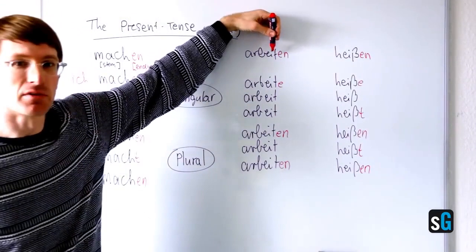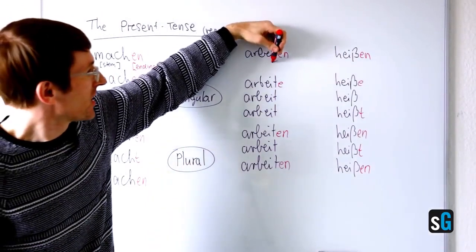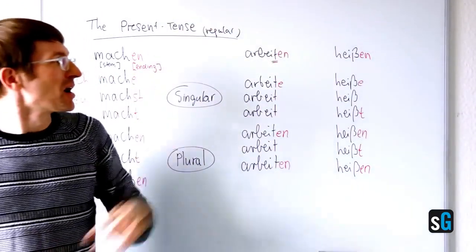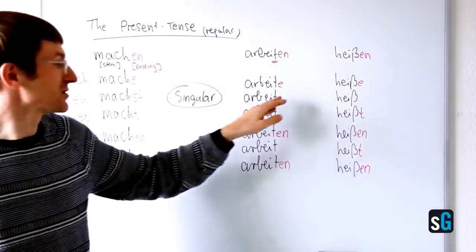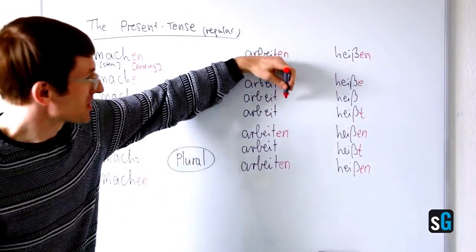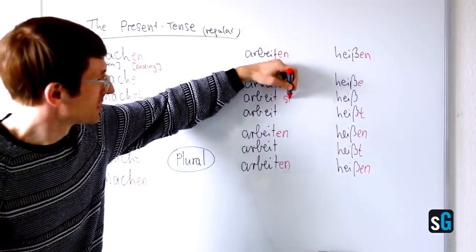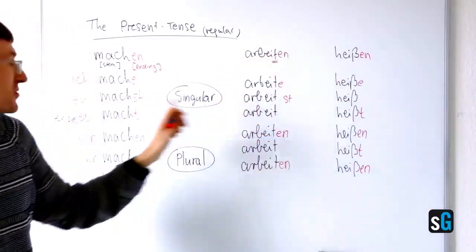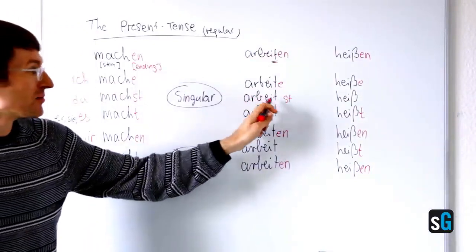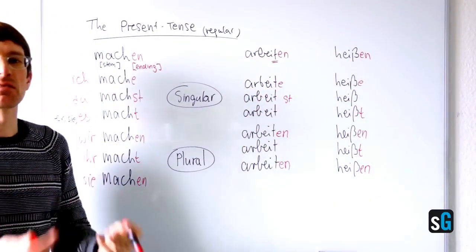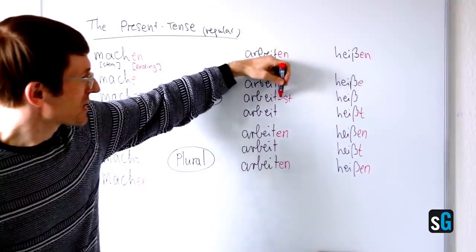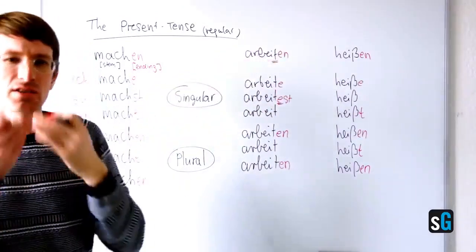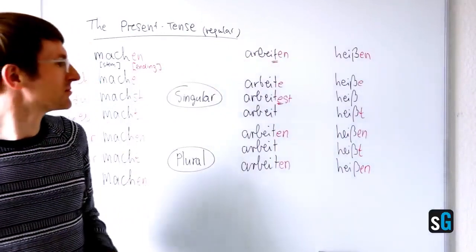As you can see, arbeiten, which means to work, the stem of arbeiten ends in a T, which makes it a bit difficult in certain situations. For example here. Let's say I just took the ST for the du to that stem, arbeitst. It doesn't really work. So what we do is we add another E here just to be able to pronounce it.